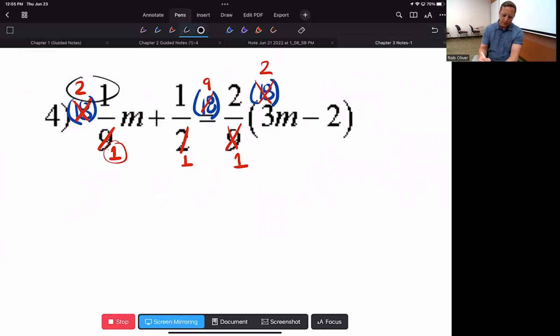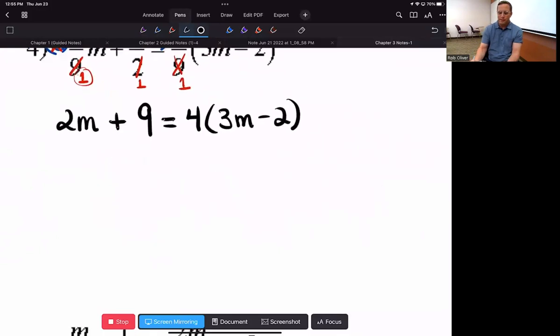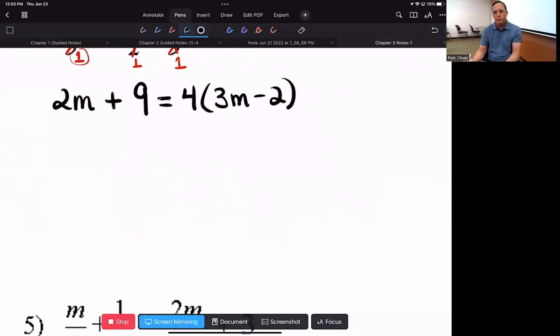So 2 times 1 is 2m. So you have 2m plus, and then 1 times 9 is just 9 equals, and then right here we have 2 times 2, so 4, and the 3m minus 2 was the only thing that was not affected by multiplying by the LCD. And then at this point, it's an equation that we have been working with.